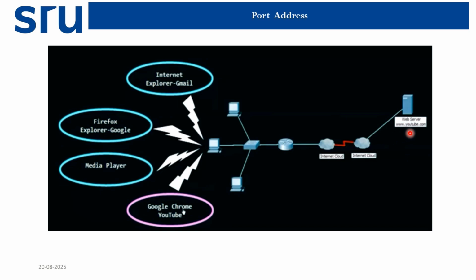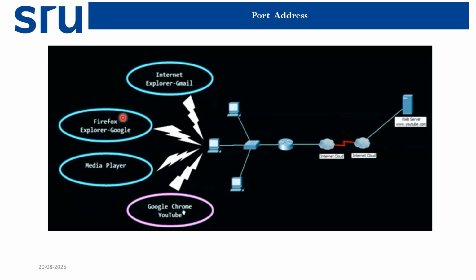Say a node in this LAN has so many processes running. Consider this node. One is Internet Explorer, which is accessing gmail.com.